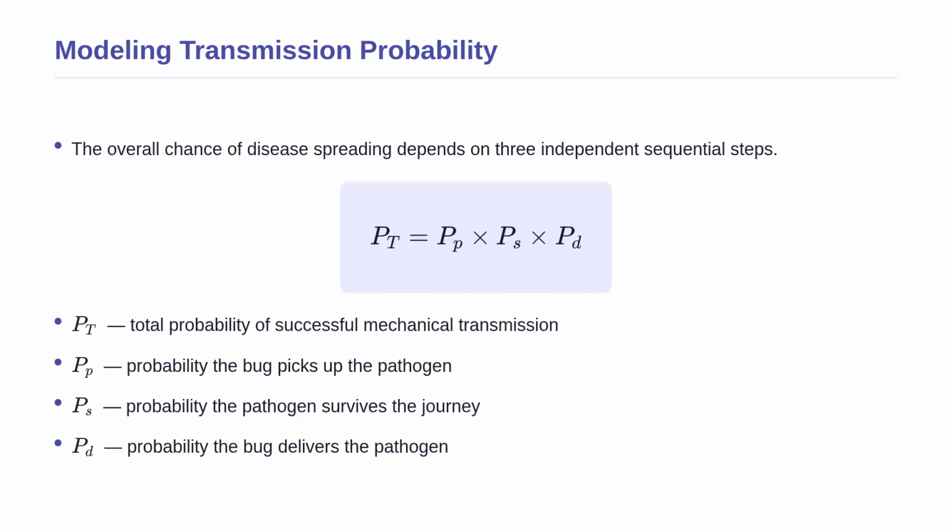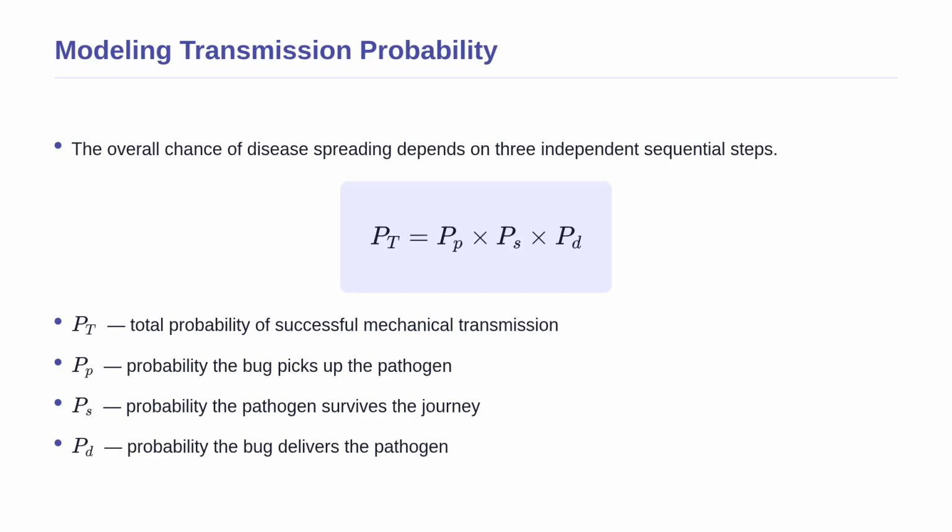To truly understand why this mechanical transmission is relatively rare but still possible, we can model it mathematically. The overall chance of a successful transmission event depends on three distinct independent steps that must all occur in sequence. This gives us the formula P_T = P_P × P_S × P_D. Here, P_T represents the total probability of successful mechanical transmission.